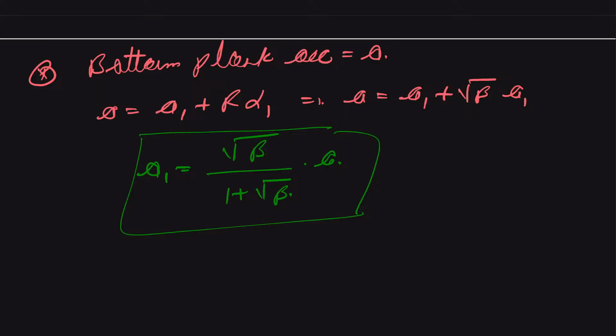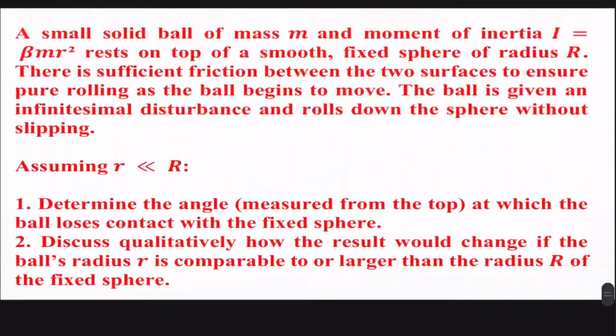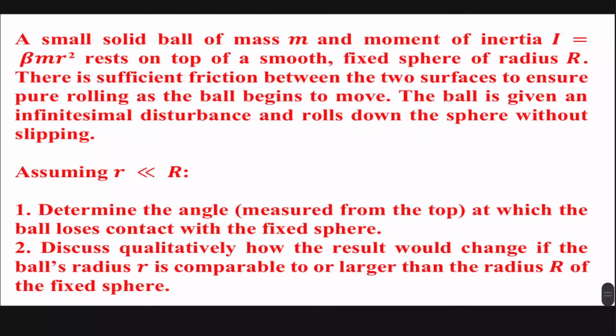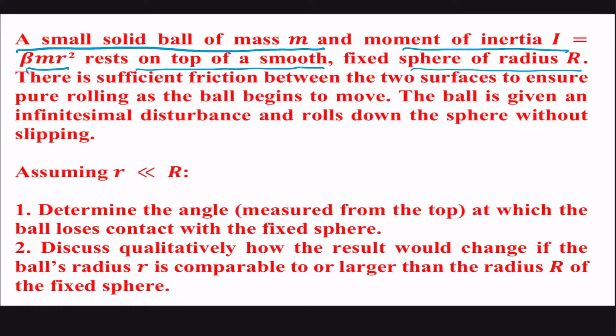And the next question, so this is the third question which we are going to solve today, and it states that a small solid ball of mass m and moment of inertia beta m r square rests on the top of a smooth fixed sphere of radius R. There is sufficient friction between the two surfaces to ensure pure rolling as the ball begins to move.